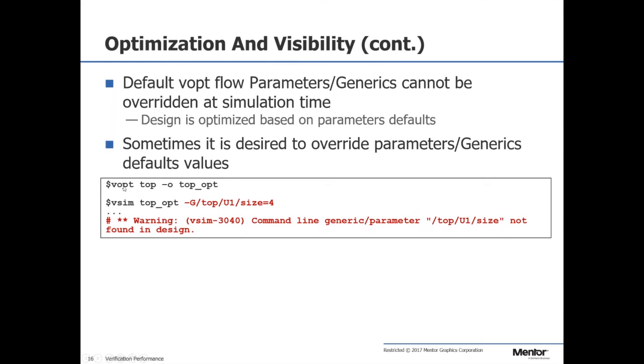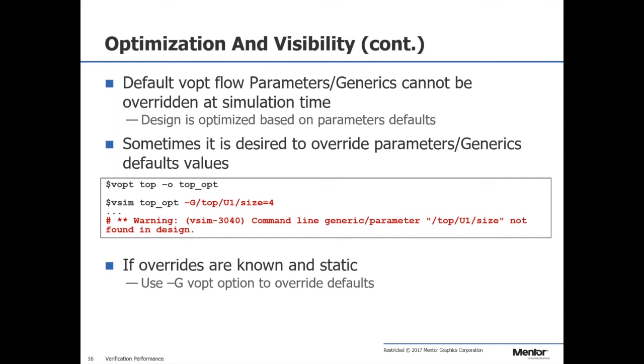And if I say vopt and I fully optimize top and I output it as top_opt, and then I say I want to simulate on top_opt, and I try to set that parameter, I get this command saying there is no parameter called size on this guy, and that's because I didn't tell it to preserve that when I did this optimization. So you have two choices there.